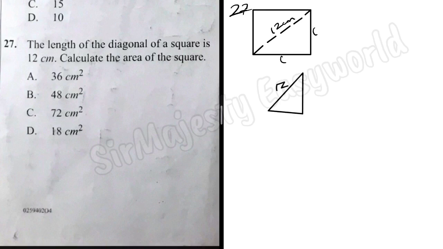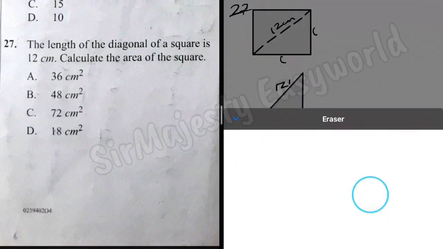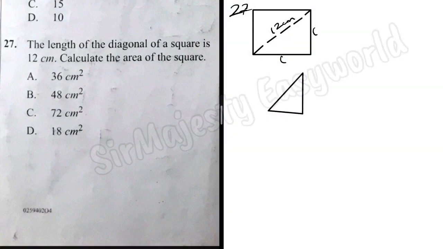So this 12 centimeters is the hypotenuse. The opposite and adjacent are the same, so let's equate both of them to x. Let's use Pythagoras theorem.